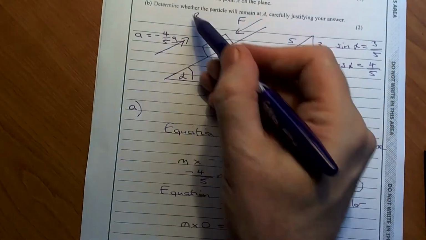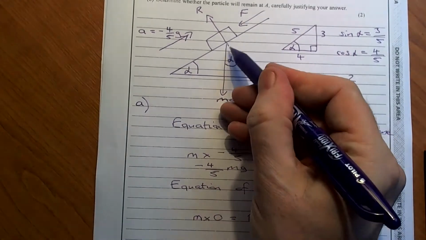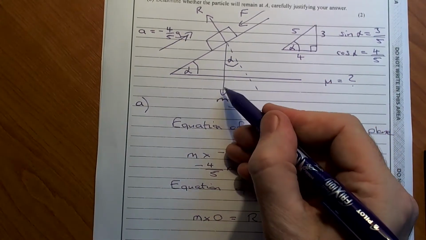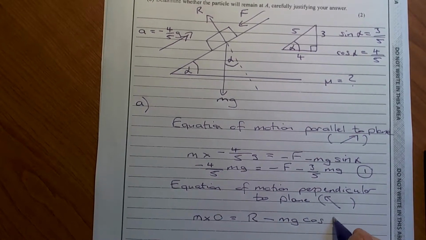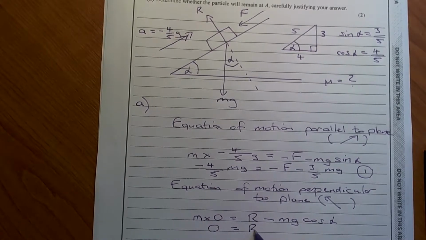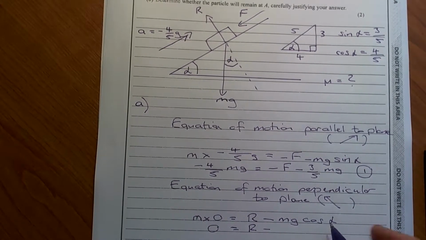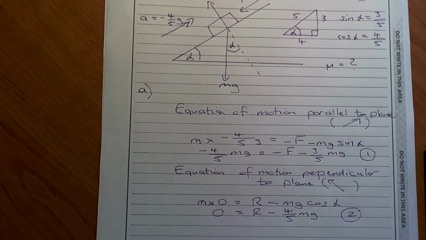We've got an R in that direction there, so it's R minus, and then it's this force that comes down here. This is mg cos alpha. So it's going to be R minus mg cos alpha. So let's rearrange that. 0 equals R minus, cos alpha is 4/5, so it's 4/5 mg. And I'm just going to number that as equation 2.